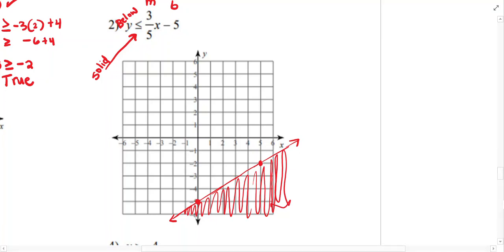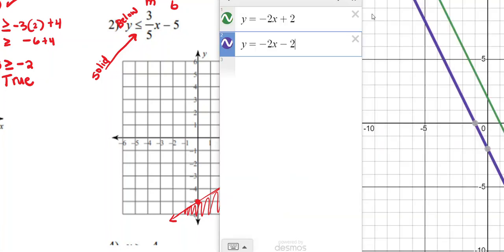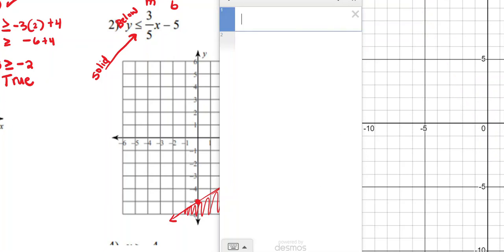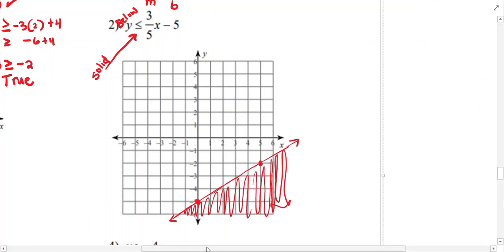Okay, so let me show you how to do this with technology and how to type it into technology.